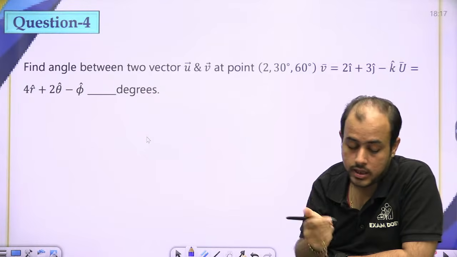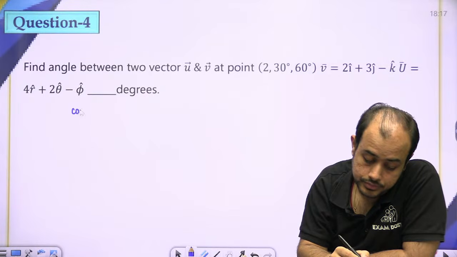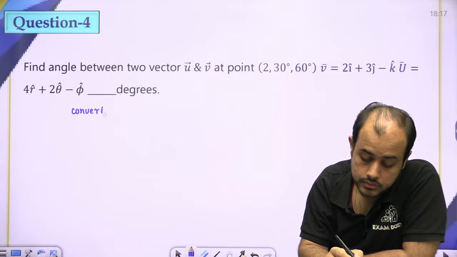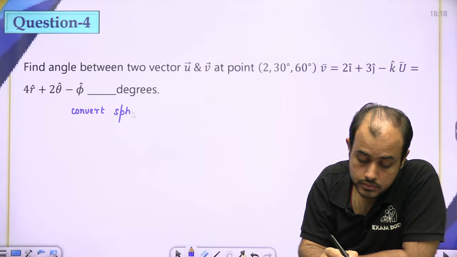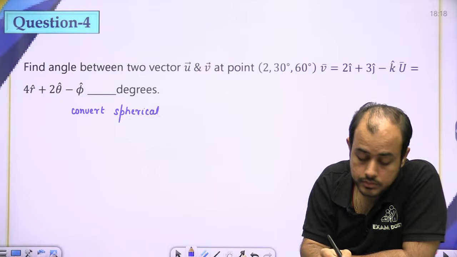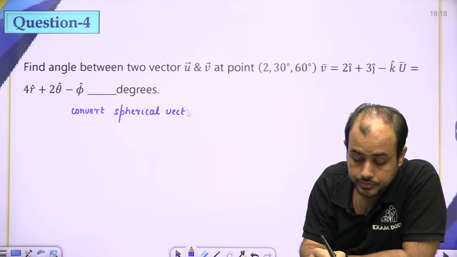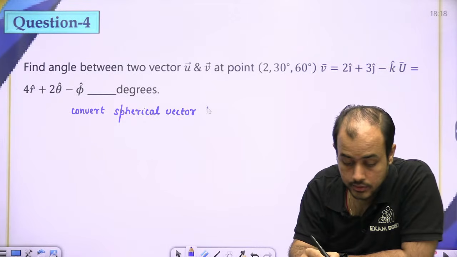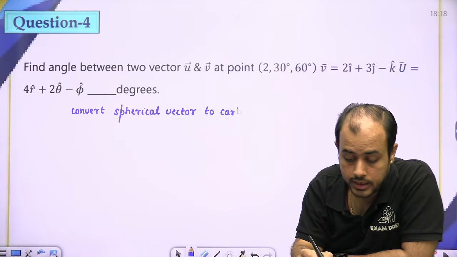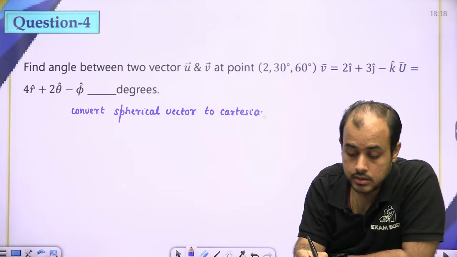अब देखो यार, ये थोड़ा सा लंबा है. Convert spherical vector to Cartesian. ठीक है.